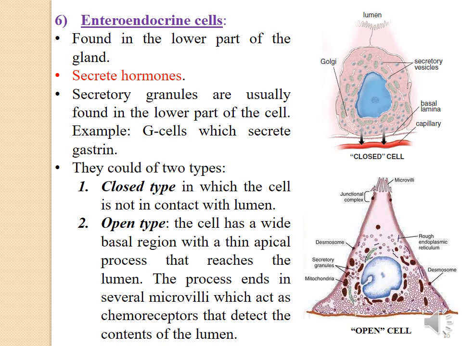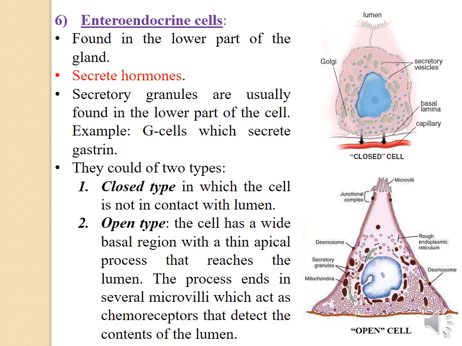The hormones pass into the blood vessels. Where are they found? They are found in the lamina propria under the epithelium. So these cells produce their secretion into the underlying connective tissue, the lamina propria. This is why the secretory granules are found in the lower part of the cell.